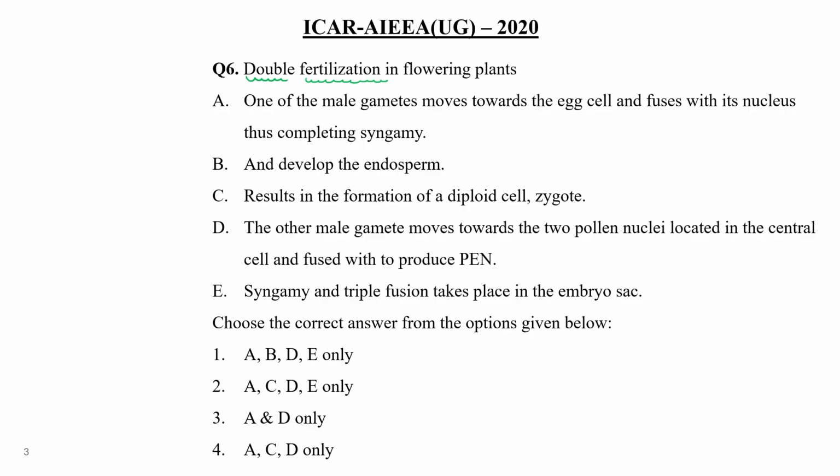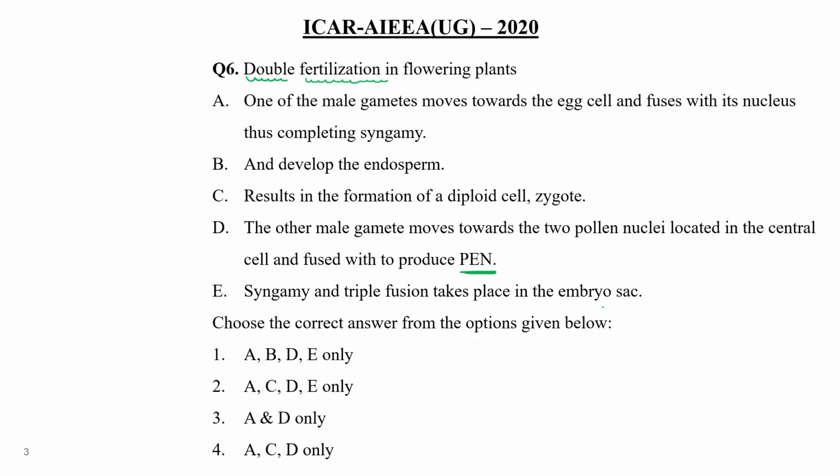B: After syngamy, it develops the endosperm. C: Results in the formation of diploid zygote. D: The other male gamete moves towards the two polar nuclei located in the central cell and fuses to produce PEN, meaning the primary endosperm nucleus. E: Syngamy and triple fusion take place in the embryo sac.